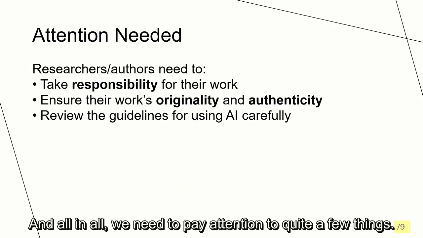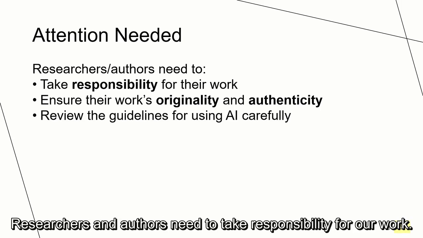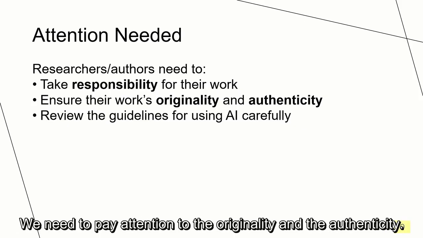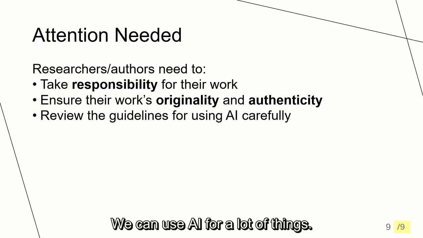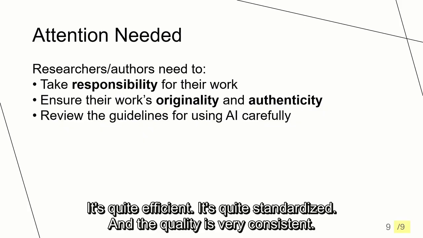And all in all, we need to pay attention to quite a few things. Researchers and authors need to take responsibility for our own work. We need to pay attention to originality and authenticity. We can use AI for a lot of things. It's quite efficient, it's quite standardized, and the quality is very consistent.